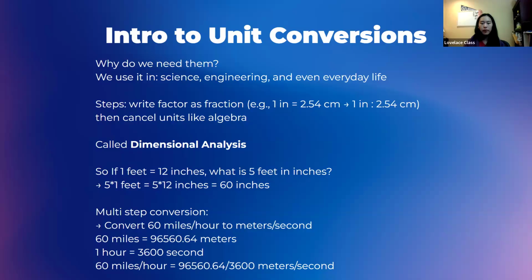And then for 60 miles per 1 hour, 60 miles is 96,560.64 meters. So that's the numerator, and then the denominator is now 3,600 seconds. So it's 96,560.64 meters divided by 3,600 seconds, meters per second is the way you write that out.